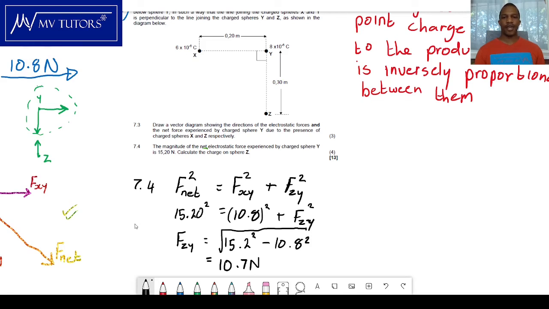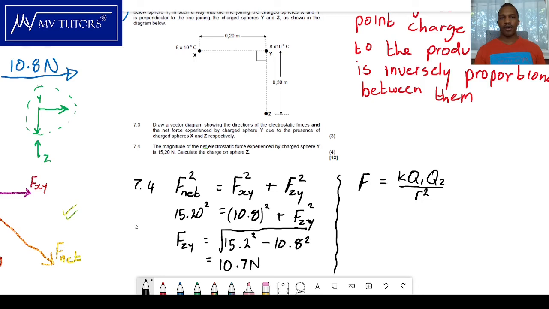So from there we will come over here. Remember, Coulomb's law says the force is equal to the constant times the charges, charge 1 times charge 2, divided by the distance squared.